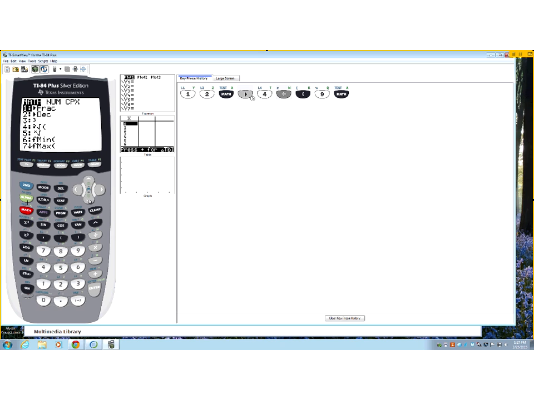So 9, go to math, go to probability, and it's option number 4, times 3 factorial. Go to math, go to probability, and number 4 is factorial. All right, so that's what's going to count how many ways this can happen. So I'm going to press enter, and that's 220 ways.